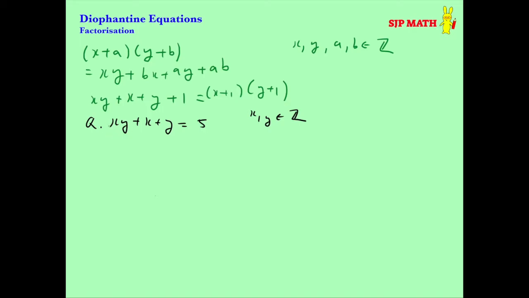It's like x times y plus a constant times x plus an integer times y. So we can factorize it into this kind of form. But we don't have the plus 1 here that we want, because in this case b will be 1 and a will be 1, so a times b is 1. So we need a 1 in here, but we don't have one.